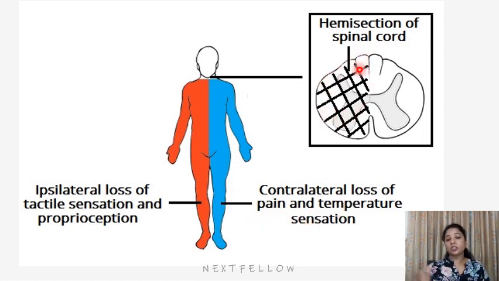So in hemisection, half of the spinal cord is cut, most commonly during stab injuries. Because of stab injuries, hemisection occurs, which results in ipsilateral loss of touch sensation, proprioceptive sensation, and motor loss as well, and contralateral loss of pain and temperature sensation.